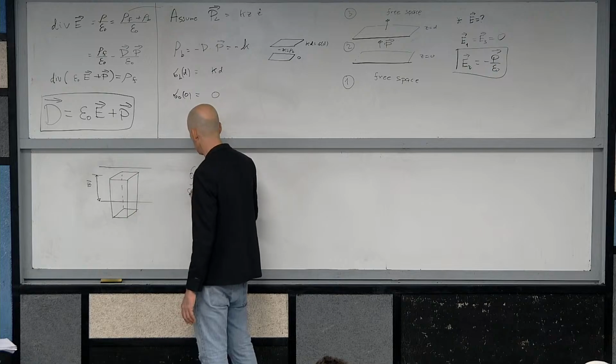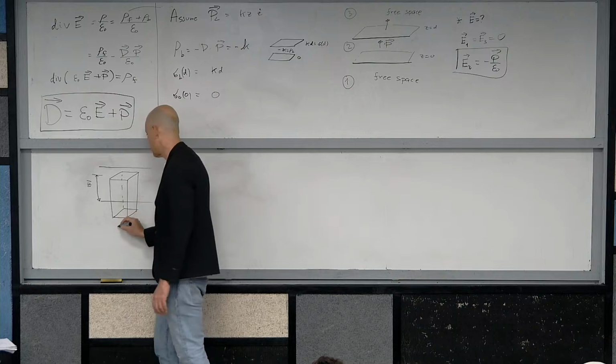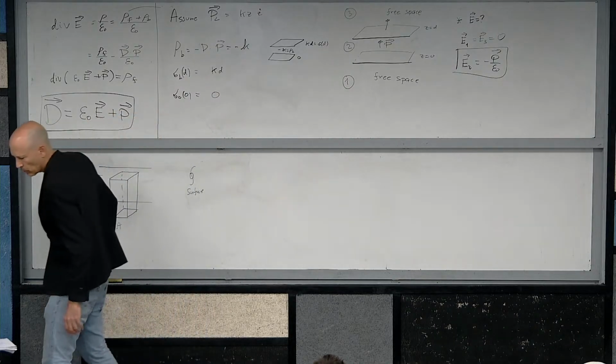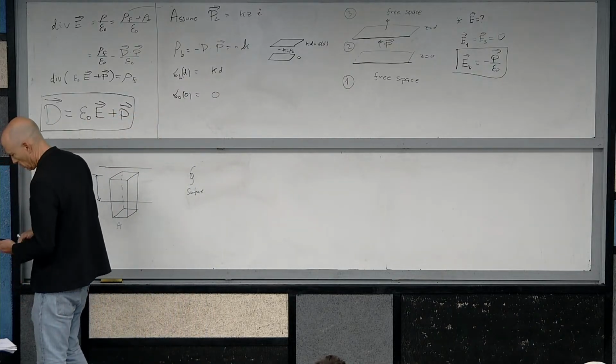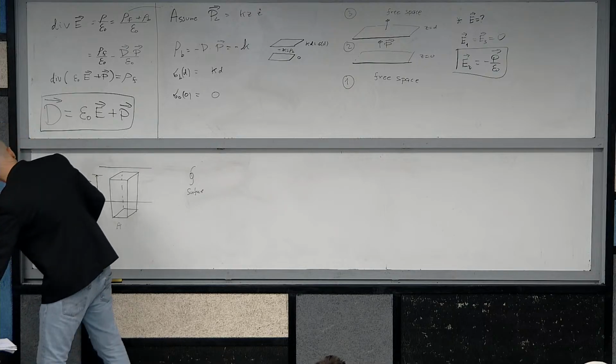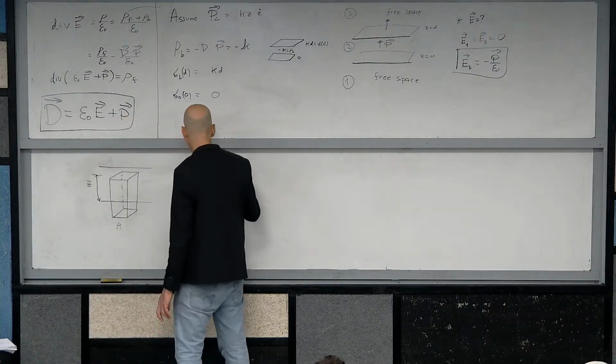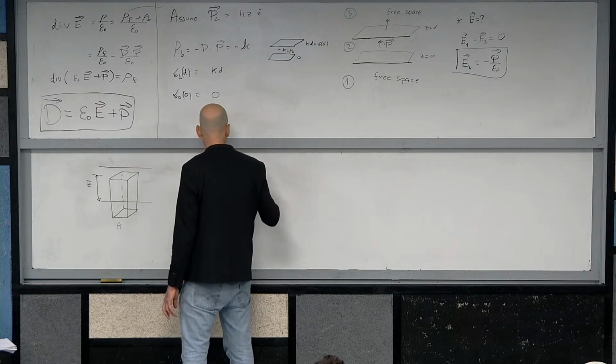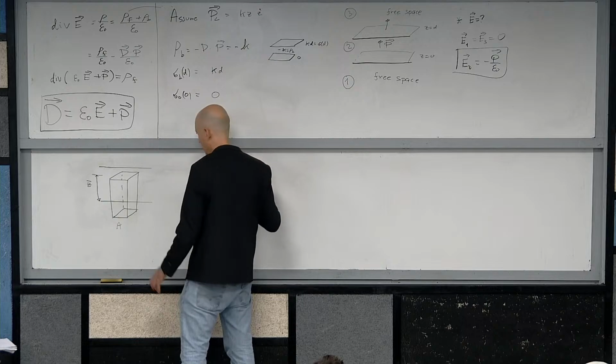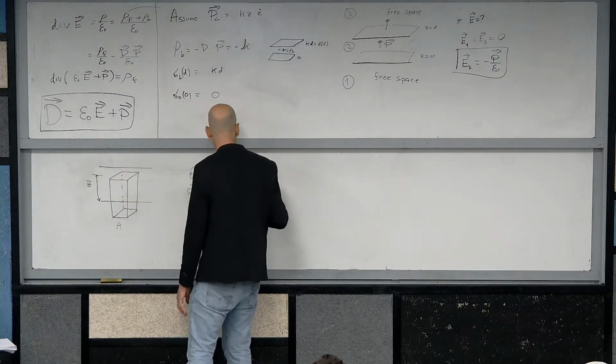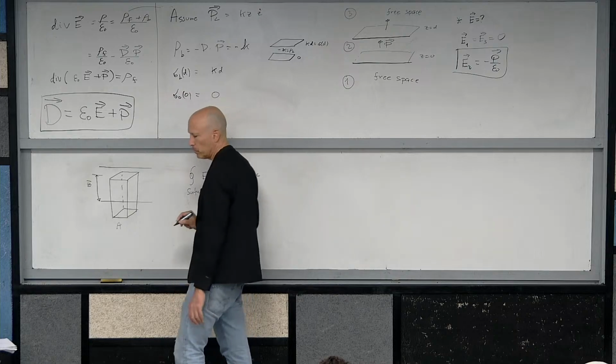It tells us that on this surface of the box, let's call it A, the integral of E dA is Q enclosed, the charge in the box, divided by epsilon 0.